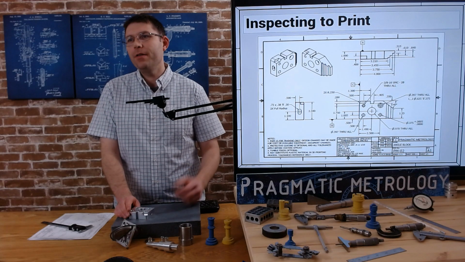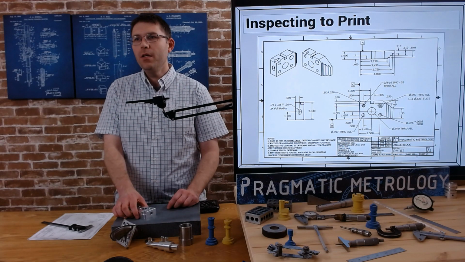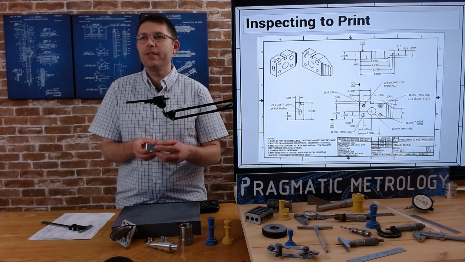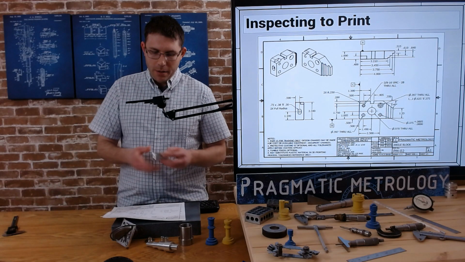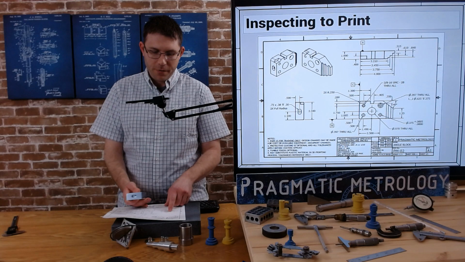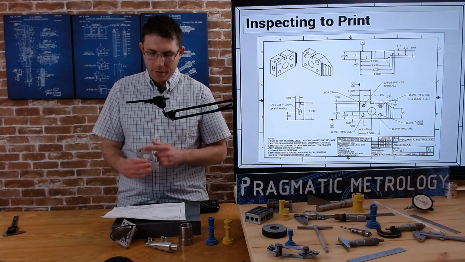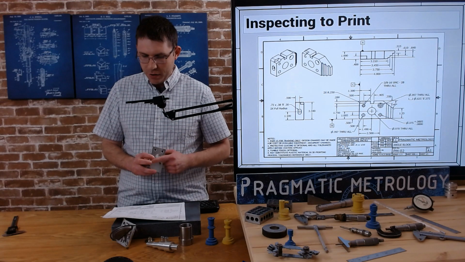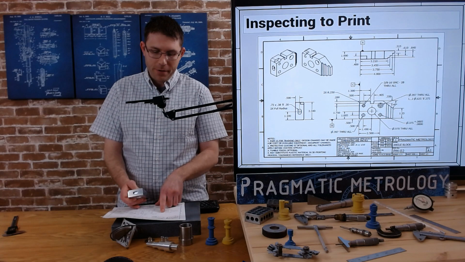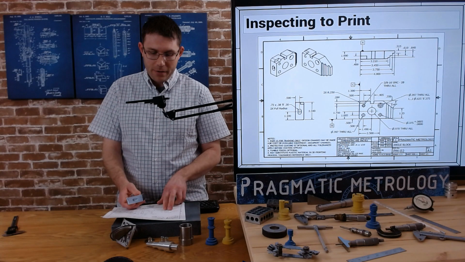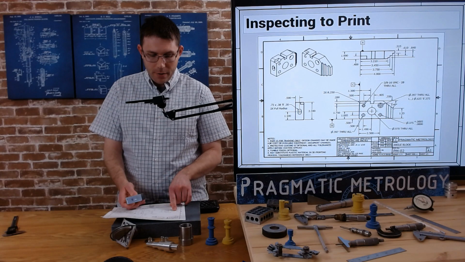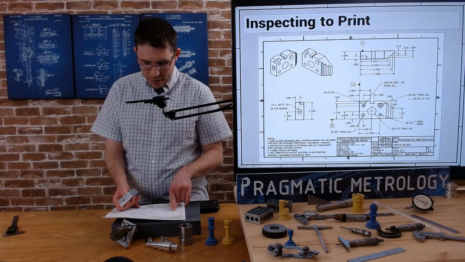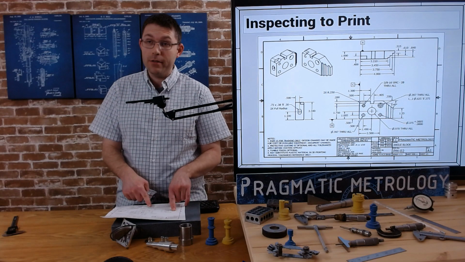Like for this one, let's take this sidewall for example. Let's take a look at it here. This side slot is 500 from the back face, which is datum A. It's not 500 from the top face, and the slot width has quite a lot of open tolerance. The slot width is 0.38 plus or minus 10 thousandths.